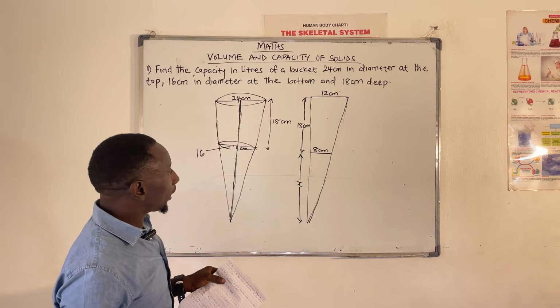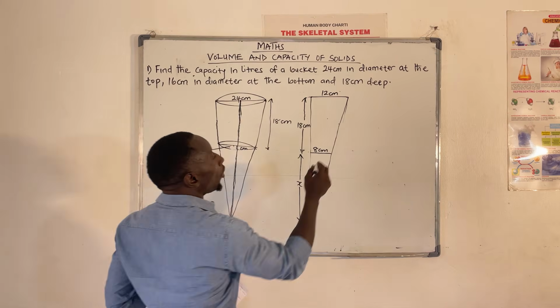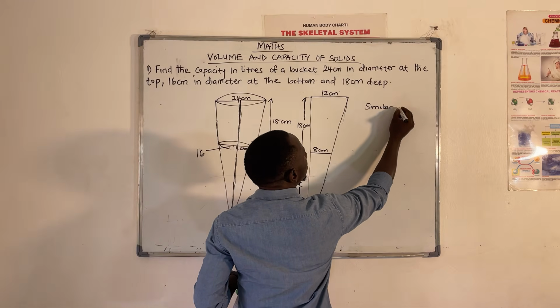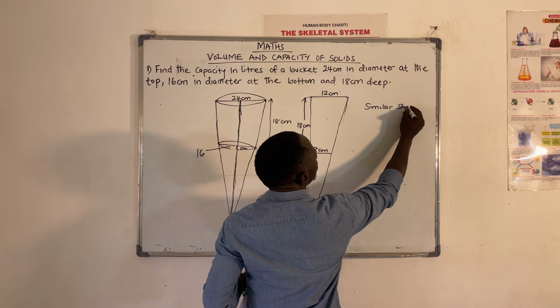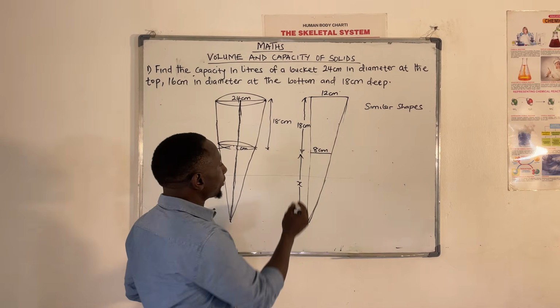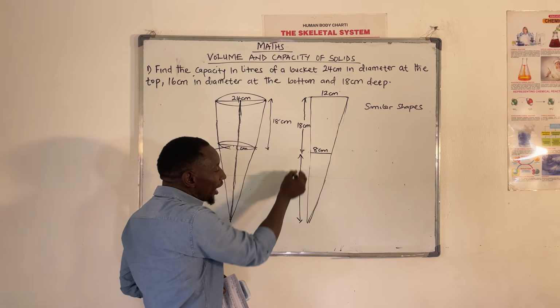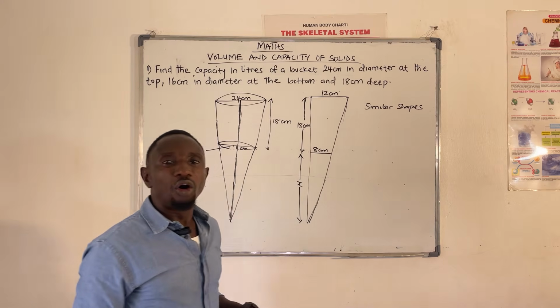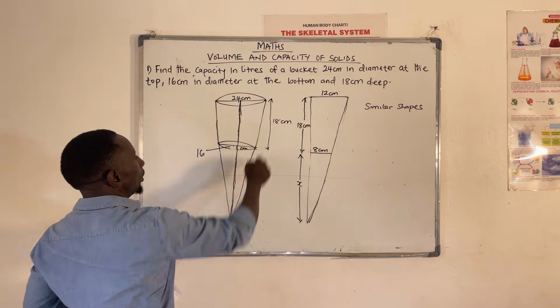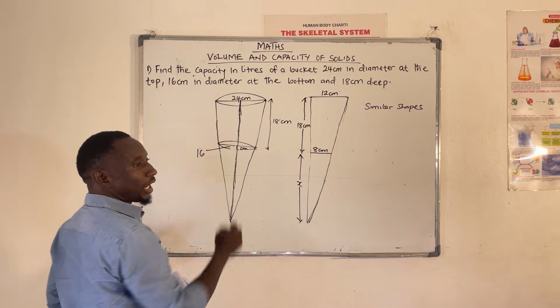I'm going to use the concept of similar shapes to find x. I want to find the height of the smaller cone. As you see here, we have a bigger cone and also a smaller cone.